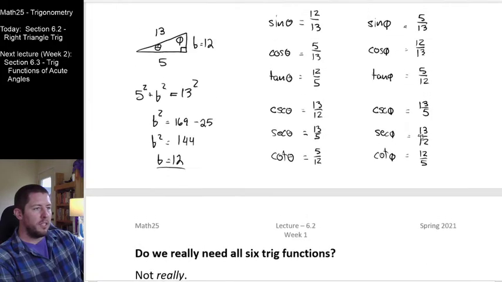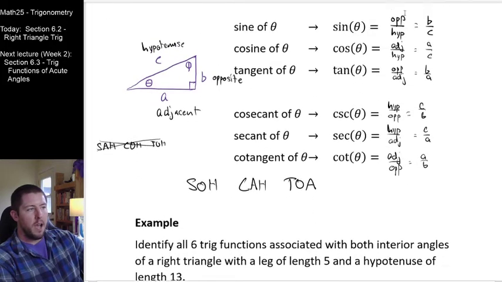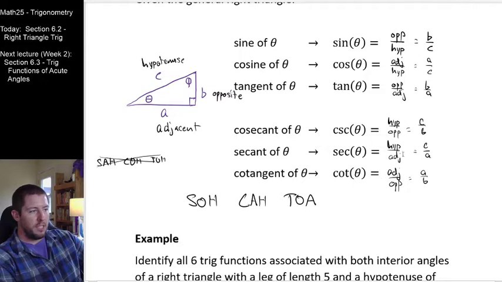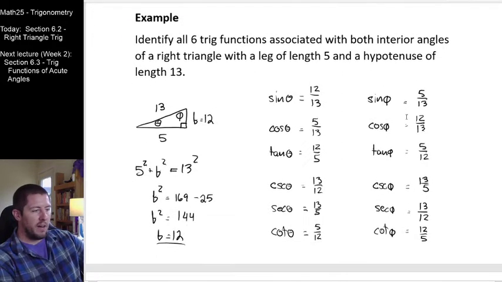One of the things I'd like to show, referencing opposites, hypotenuses, and adjacents, is to look at sine, cosine, and tangent. Sine is opposite over hypotenuse. Cosine is adjacent over hypotenuse. Tangent doesn't have any hypotenuse in it, but it does have opposite over adjacent.